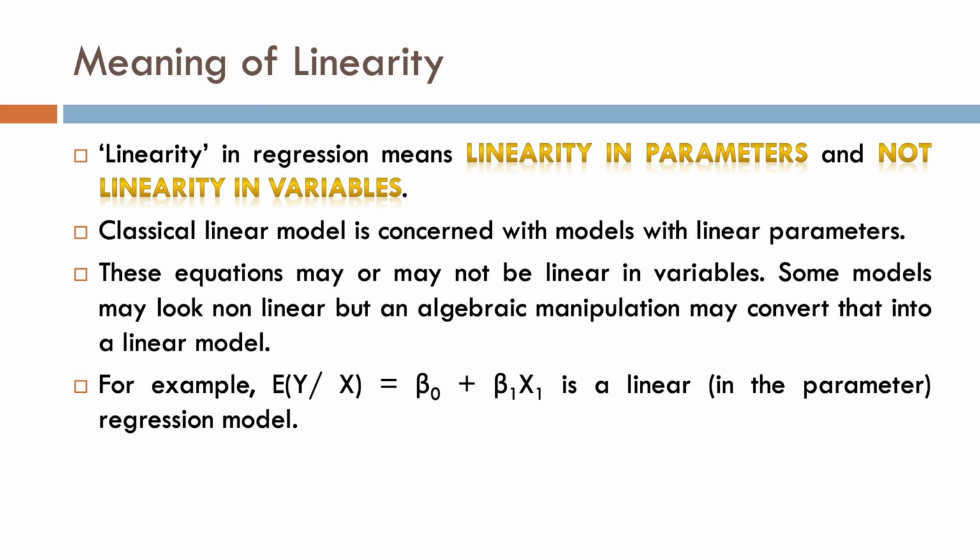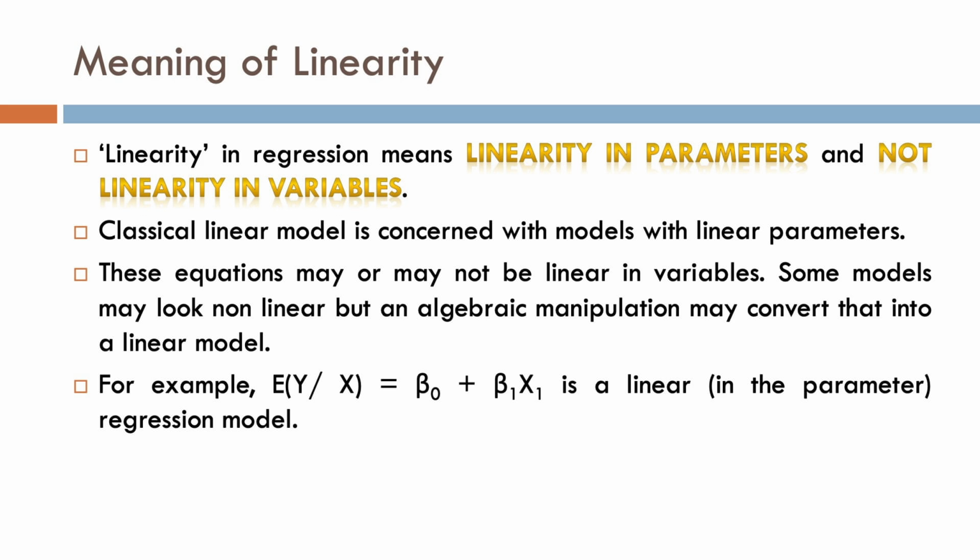Linearity in regression means linearity in parameters and not linearity in variables, because the linearity defined in terms of variables can be converted into linear regression models as stated previously. Because of this special situation, we are going to define the linearity in terms of parameters, not in terms of variables.